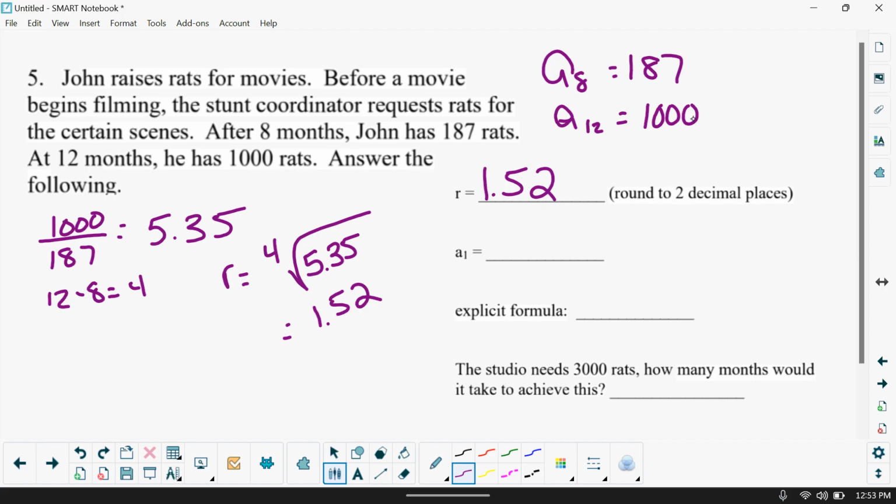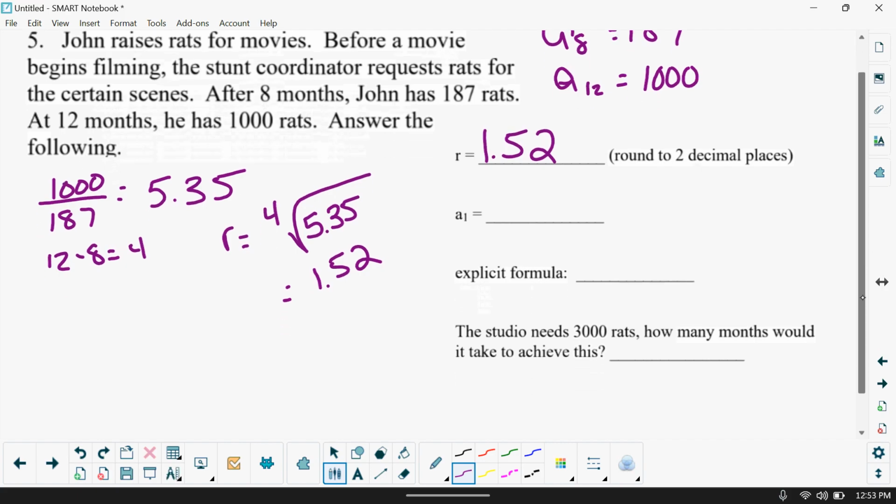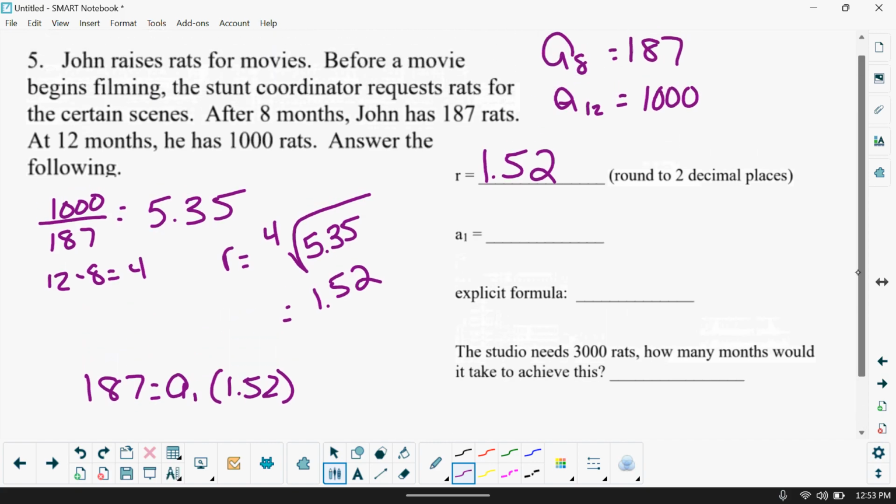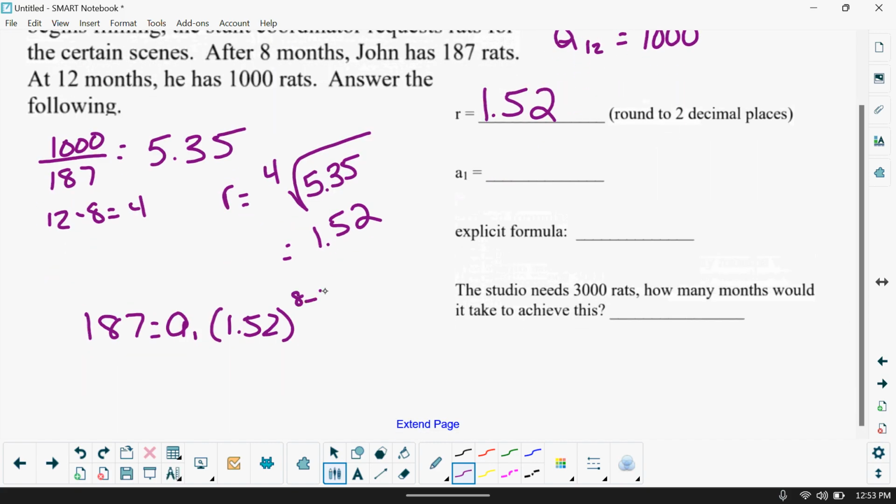We got two choices here. It does not matter. I'm going to use the 187. So 187 equals a1 times 1.52. And 187 was what month? 8. To the 8 minus 1. So 1.52 raised to the 7th. So 187 equals a1 times 18.75.